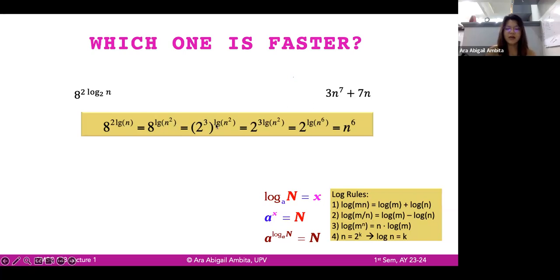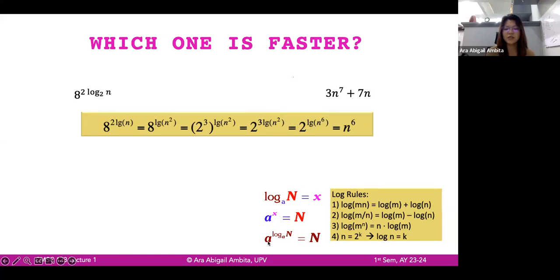So it will be 2 raised to 3 log of n squared. And we can make use of this log rule again. The log of m raised to n equals n times log of m. So this 3 here will be raised as an exponent to n. That will give you 2 raised to log of n to the 6.